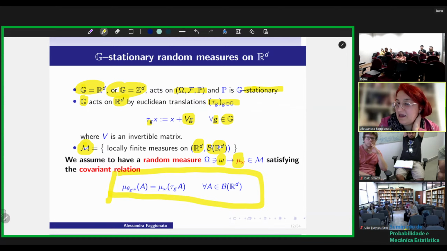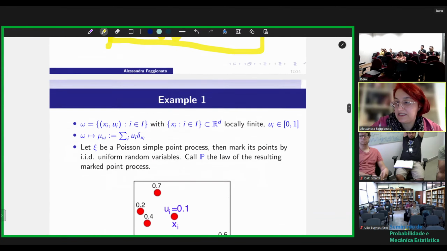For each g in the group, the mass that the measure associated to theta_g of omega gives to the set A is equal to the mass given by the original measure mu of omega to the translated set tau_g of A. It can sound strange, but indeed there are plenty of situations where we have random measures with this covariant relation. I show you an example.